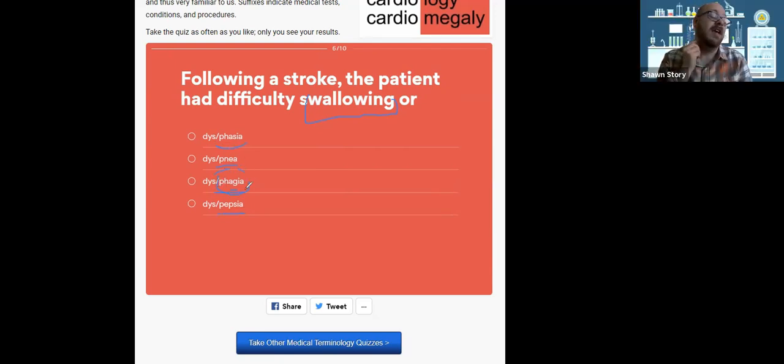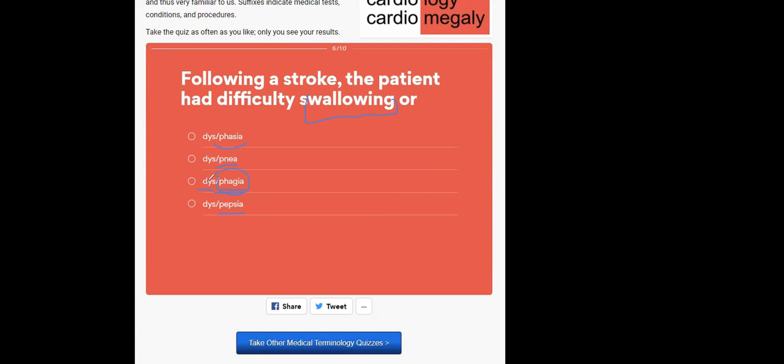Larynx is for our air, pharynx is for our food. The pharynx is where our food goes down, and that's what's happening. Phagia means swallowing. Phasia, speaking. Pnea, breathing. Pepsia, digestion. Yep, we got it.